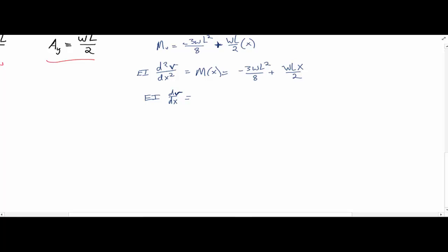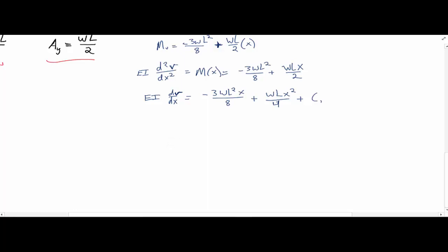Integrating this, we multiply by x, and it becomes negative 3WL squared x over 8 plus WLx squared over 2 times 2, which is 4. Then we'll have a constant of integration, which we'll call C sub 1. So this is our slope equation, right?